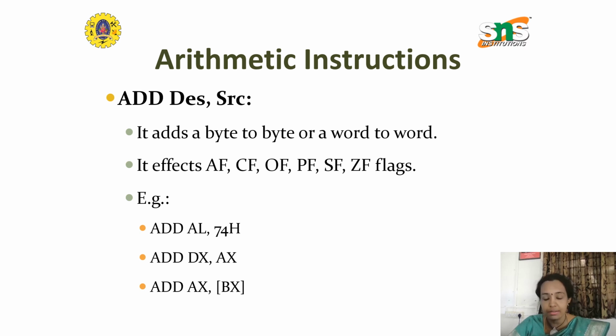AX is nothing but the accumulator, so the data in the accumulator will be added with the data in DX. The next one is ADD AX, BX. The content in BX will be added with the content in the accumulator, AX. These are the main work of these three instructions.